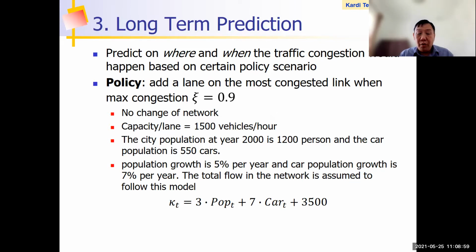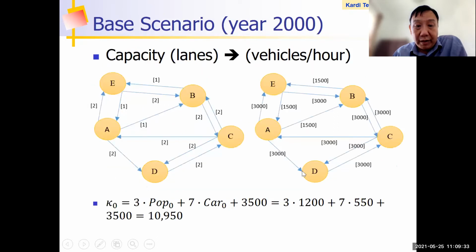I want to know when and where the traffic congestion will happen based on a certain policy scenario. In this case, the policy that I want to simulate is adding one lane on the most congested link when the maximum congestion is already 0.9. The network does not change, and we have all these assumptions of the numbers, and the model.